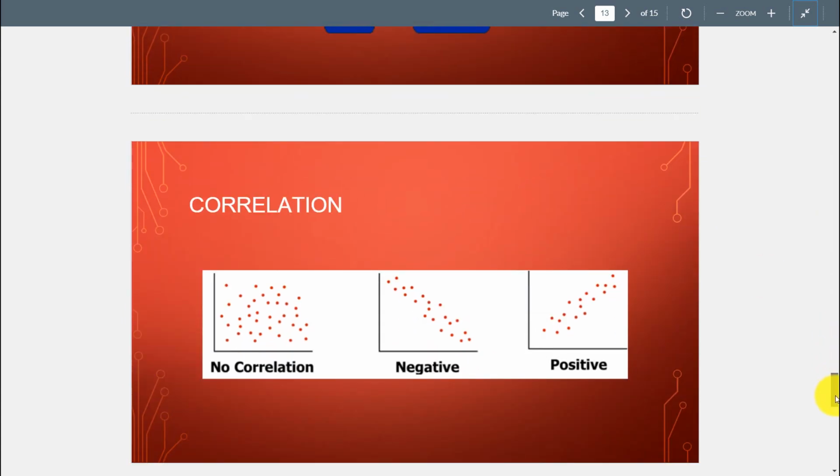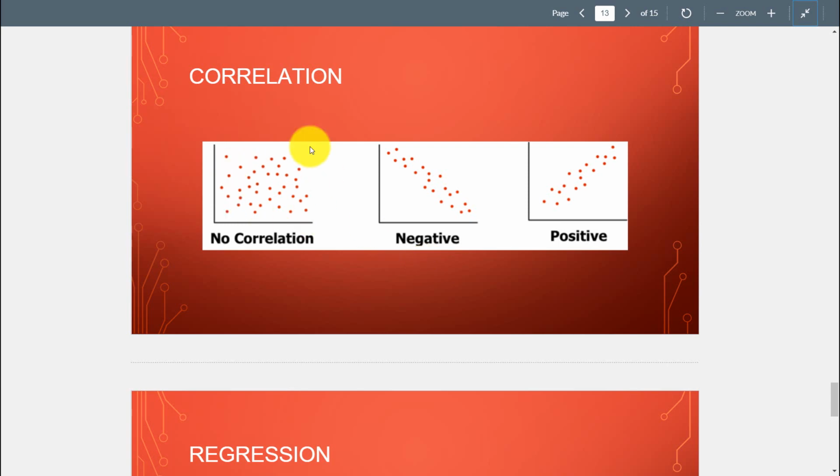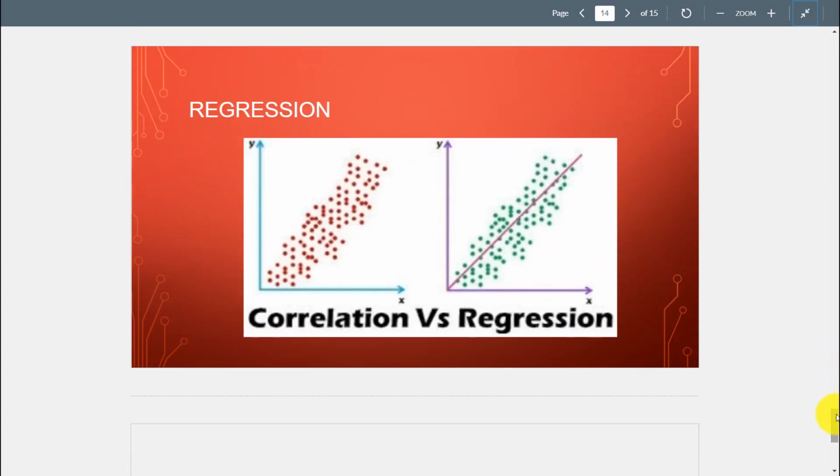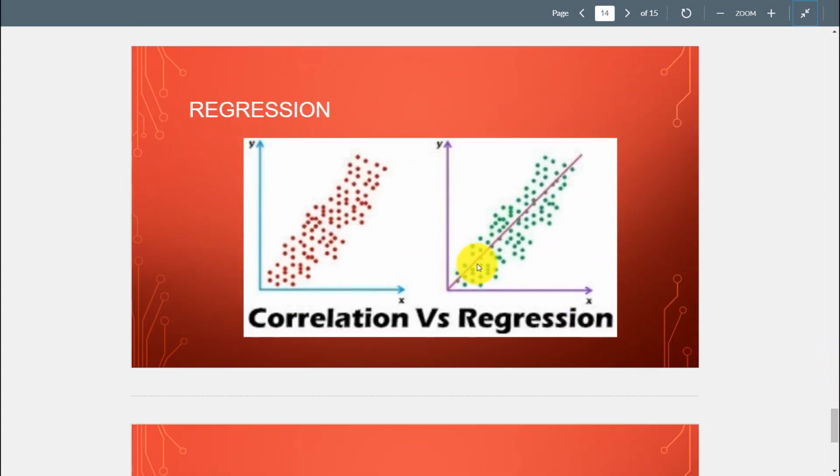Correlations, I think you remember these. We're asking whether the values of a data set are going this way, which would be negative, or ascending, which would be positive. And we have the y and the x axes. Regression is when we figure out a line between these, even if it's imaginary, where we could plug in any x to find any y, a regression line.